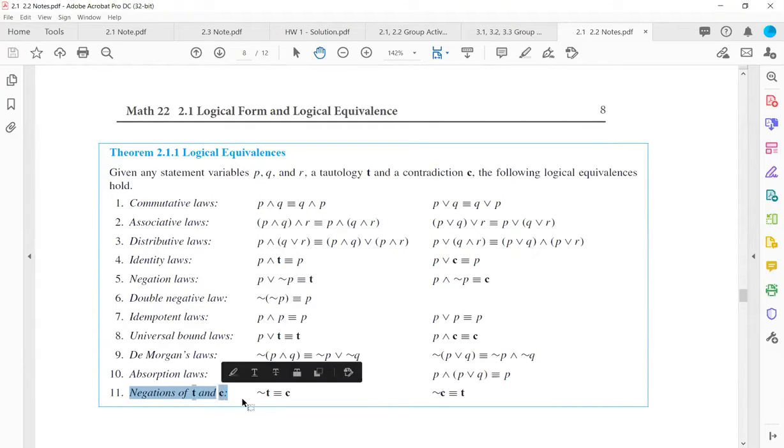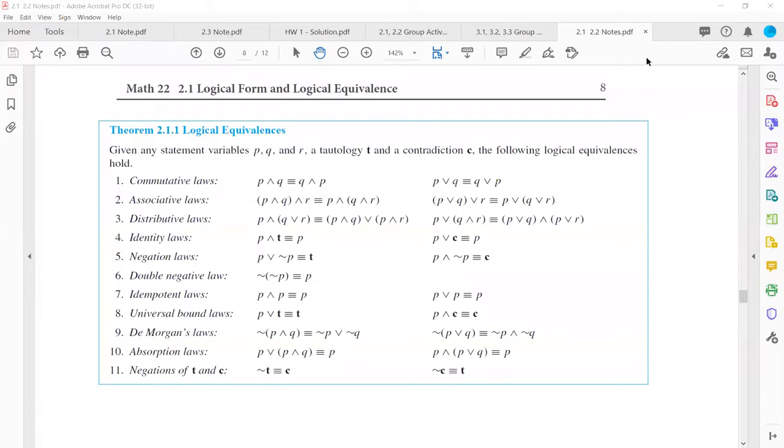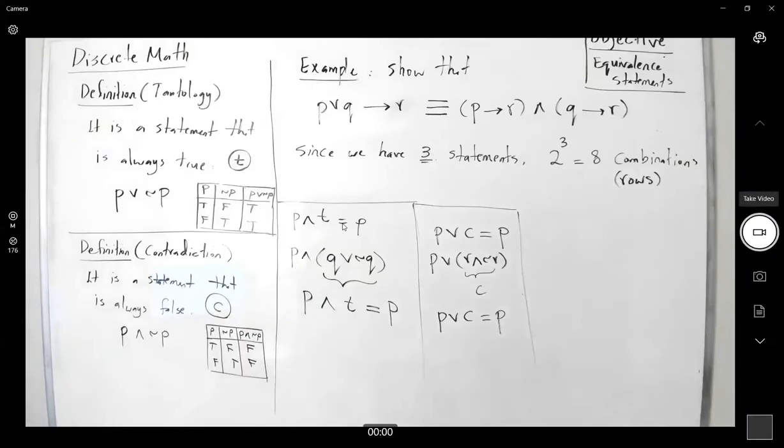As you all guessed, the negation of tautology is contradiction, and the negation of contradiction is tautology. There you go. Let's go over our example.